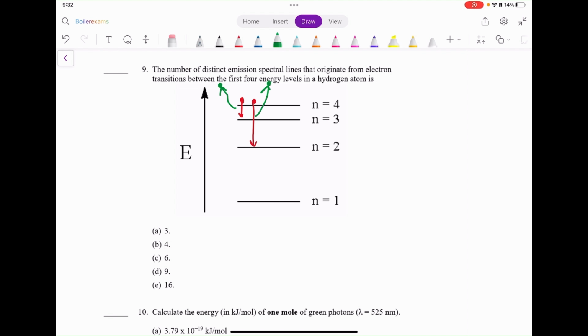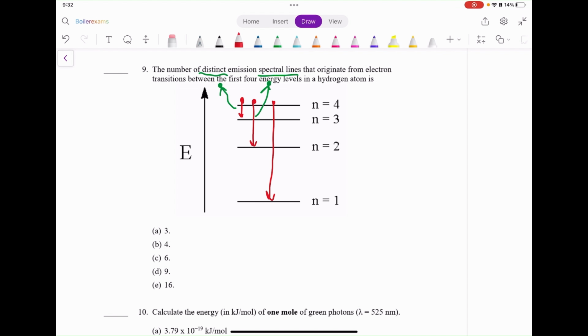And these 2 photons will have very distinct, different energies, so they will each show up as a distinct spectral line. So how many of these unique drops do we have? Let's just count them up. I have the 2 I just drew, and if we also start in the 4th energy level, we could go straight down to the 1st.